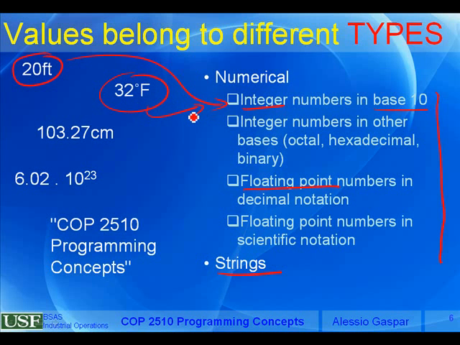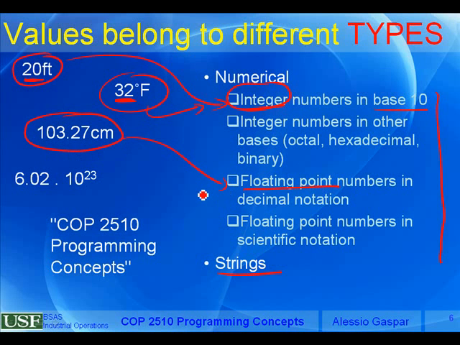Now we are coming onto a programming system, and we have one type here, which is an integer number. So even though 20 feet and 32 degrees Fahrenheit are really different things, for a computer, the number 20 and the number 32 can be manipulated and stored in memory as integers. What about 103.27 centimeters? Well, that would be a floating point number.